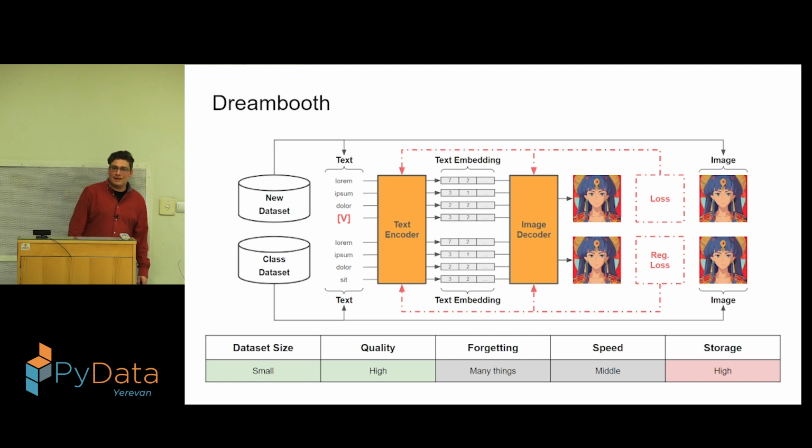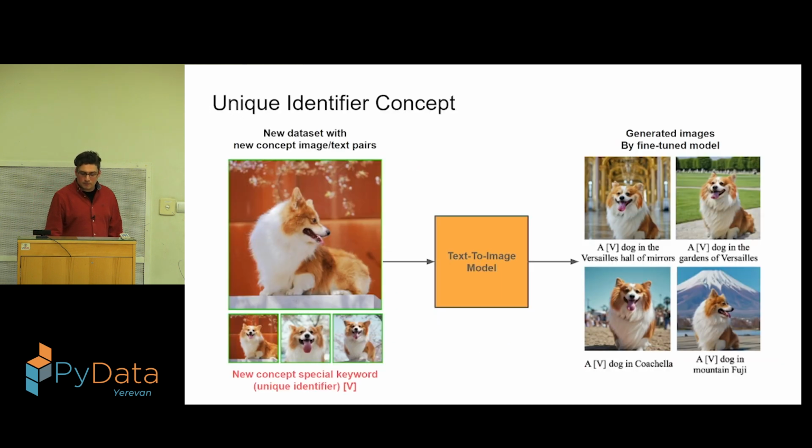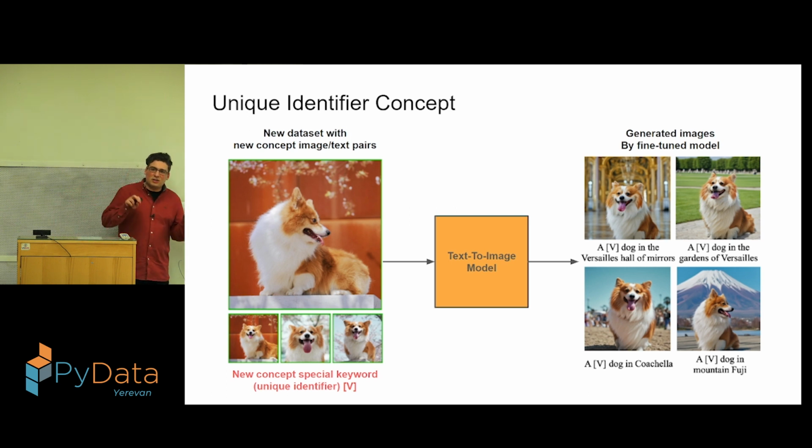Can you talk more about this identifier? I don't understand clearly what it is. Is it a word? Yes, this is a special kind of word. It is a specific trigger word that we give to this text embedding, and typically it is an artificial word.